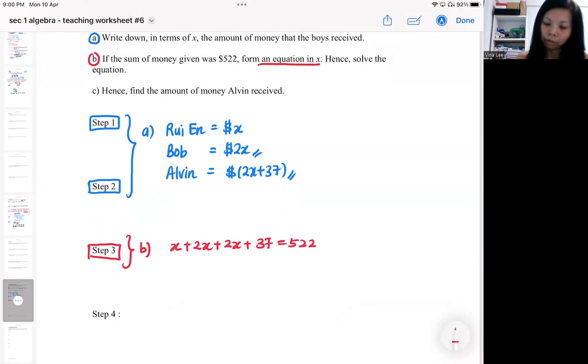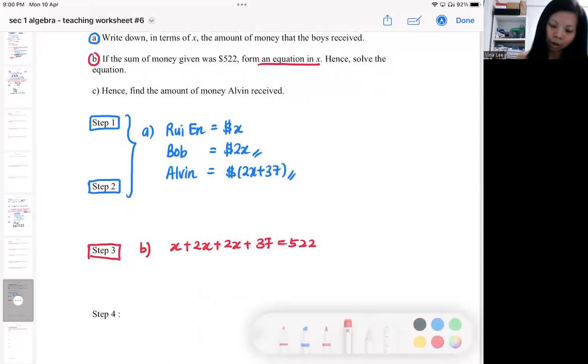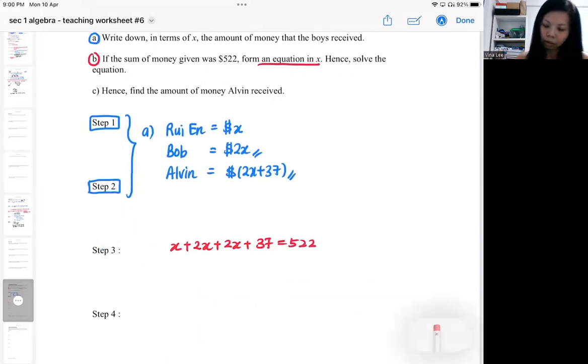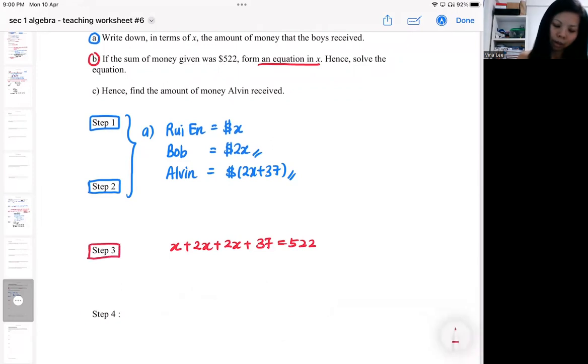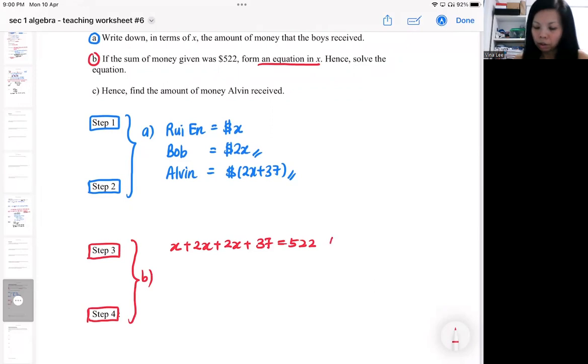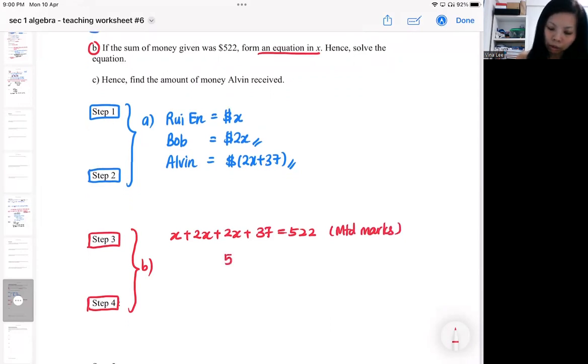Part B also asked me to solve. So the forming and the solving becomes part B. After you write out the equation, that is the one that earns you the method mark. Then you do the normal solving.